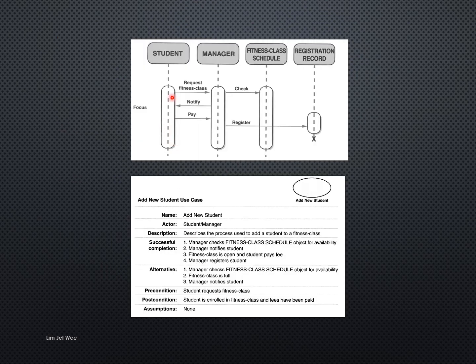So the focus is like this. See, this is the focus, the lifeline, and then the interaction between all this. And this makes your use case a lot easier to understand, together with your description.